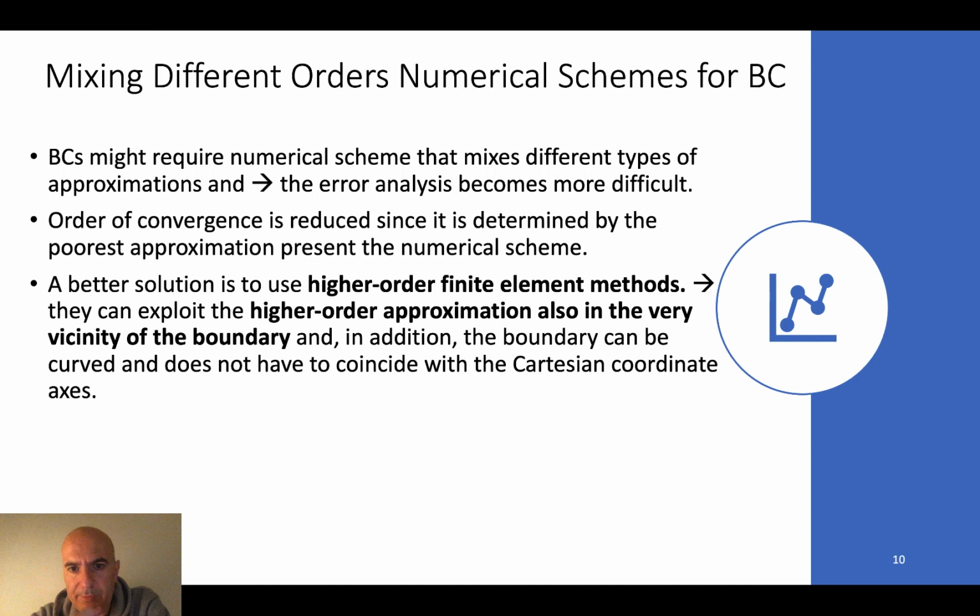This also means that the error analysis that we have been doing by using complex exponentials becomes more difficult. Also, the order of convergence is reduced since it's determined by the poorest approximation present in the numerical scheme. It might be that we are using a higher order scheme in the domain and a lower order scheme at the boundary, and the total order of the scheme is actually quite low because it's determined by the scheme that we use at the boundary.